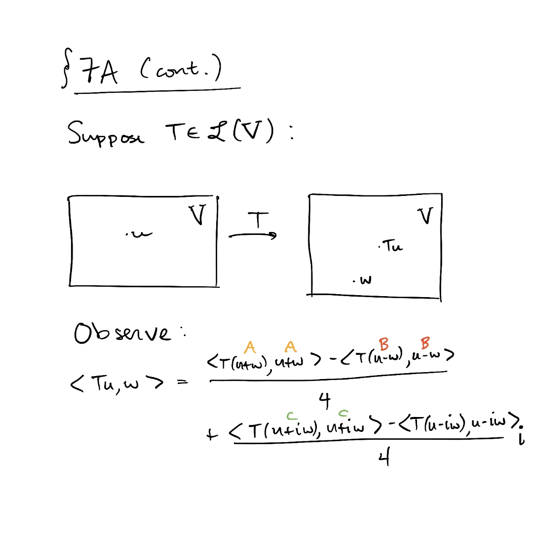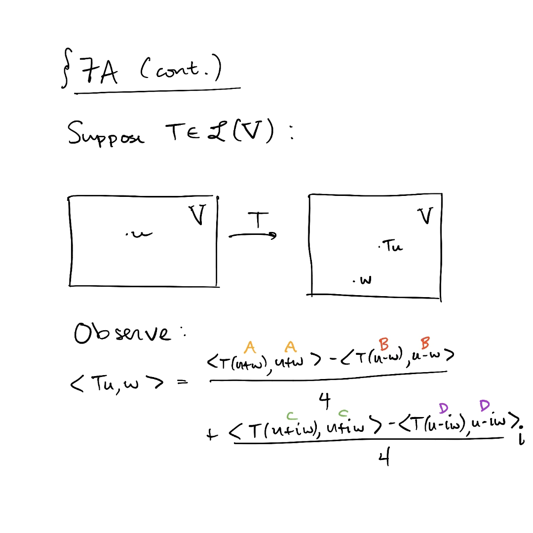Fourth chunk, T of something, inner product, that same thing. So one thing that this accomplishes is it allows us to see an inner product of something in the range, TU, with some random other vector, W, as some kind of combination of inner products of the form T thing, comma thing.